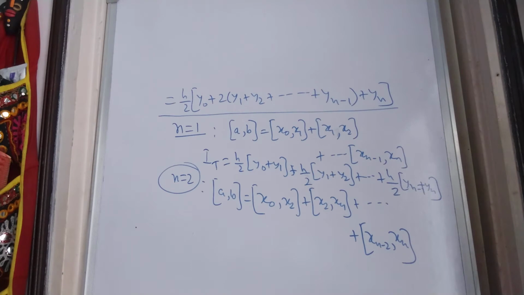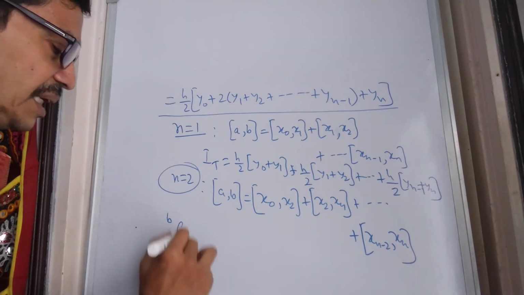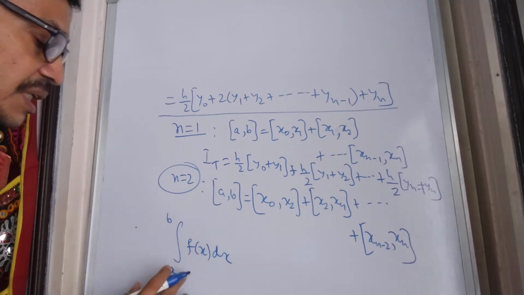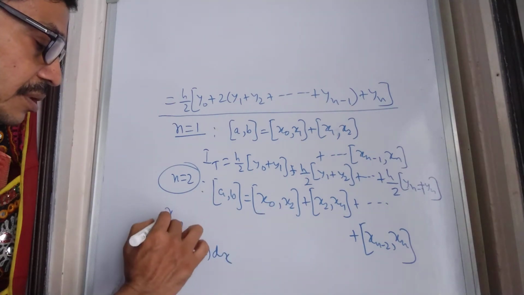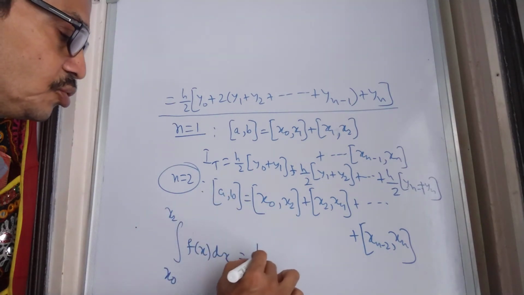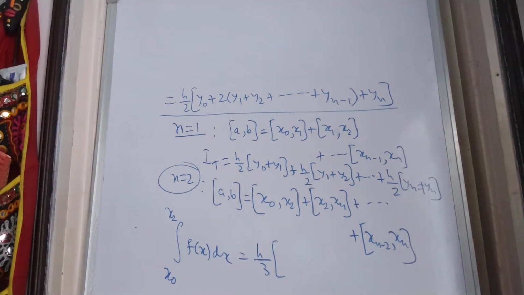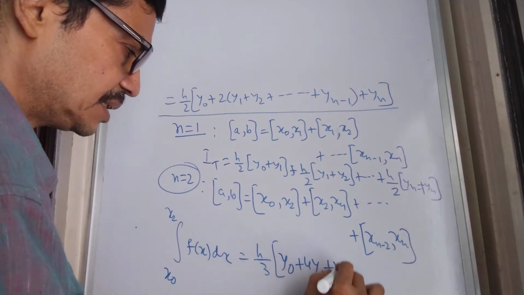And what is Simpson's 1/3 rule? It is nothing but a to b f(x) dx. If we write the formula for the part x0 to x2, it becomes h by 3 (y0 plus 4y1 plus y2).